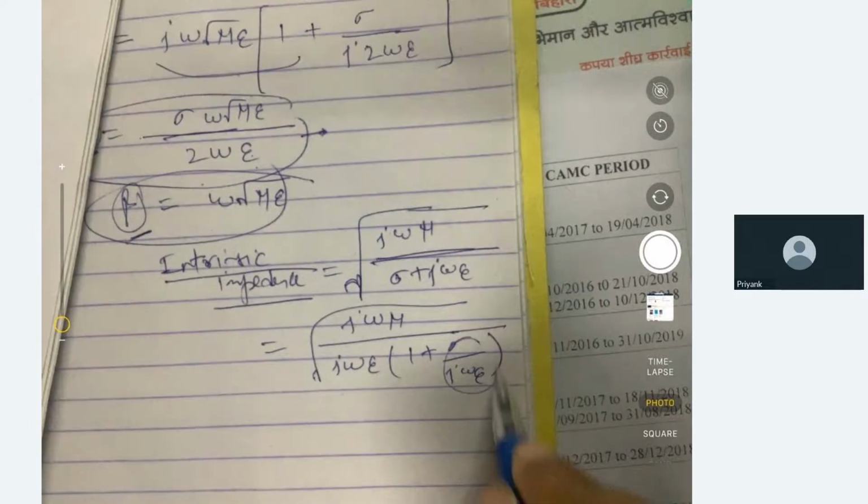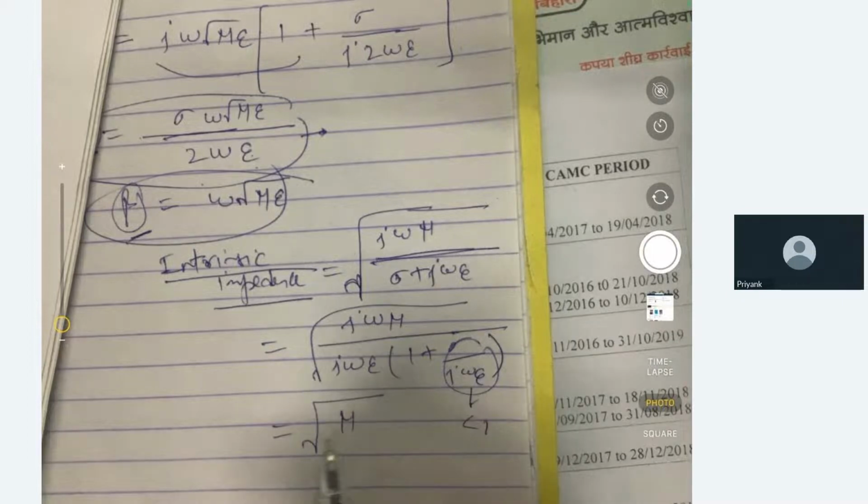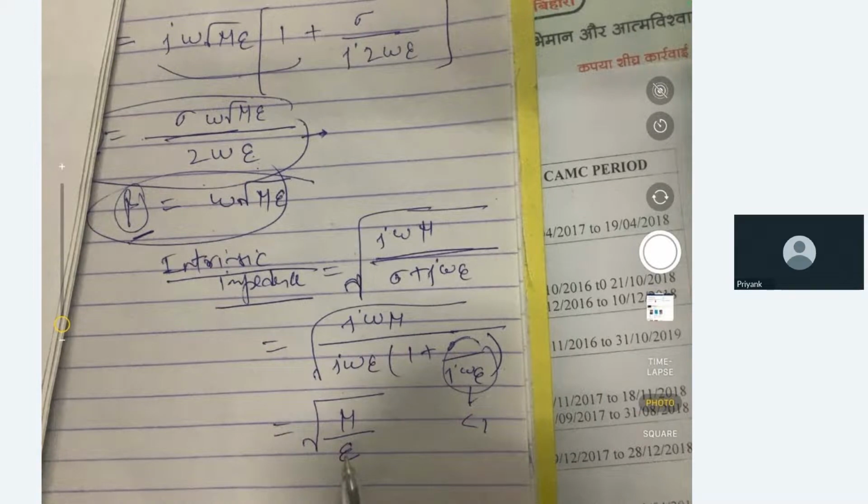I found this value is less than 1, so I neglected it. Accordingly, intrinsic impedance is equal to under root mu upon epsilon. Because these two values are given, intrinsic impedance is easy to find.